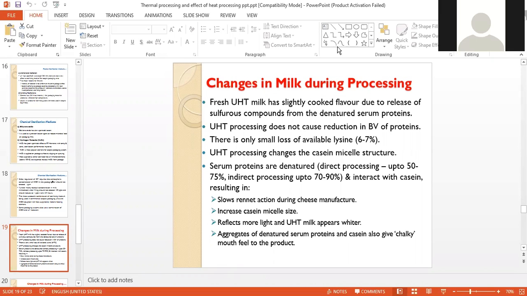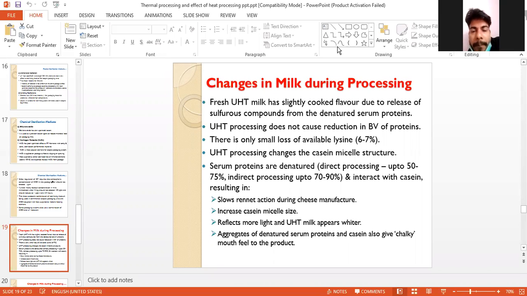So here we can see what changes take place during the processing of milk. Fresh milk has a slightly cooked flavor. Why? Because when we heat the milk, there is a release of sulfhydryl compounds from the native whey proteins, such as lactoalbumin, and even serum proteins.